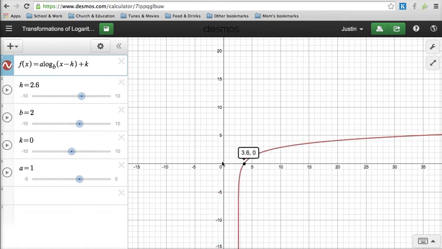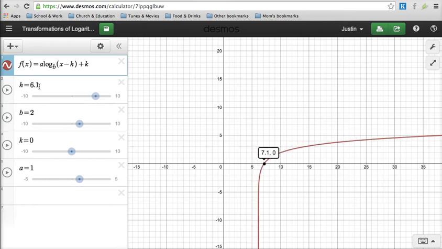If h is 2.6, here it is, 2.6, then the vertical asymptote is x equal to 2.6. If h is 6.1, then the vertical asymptote is x equal to 6.1.